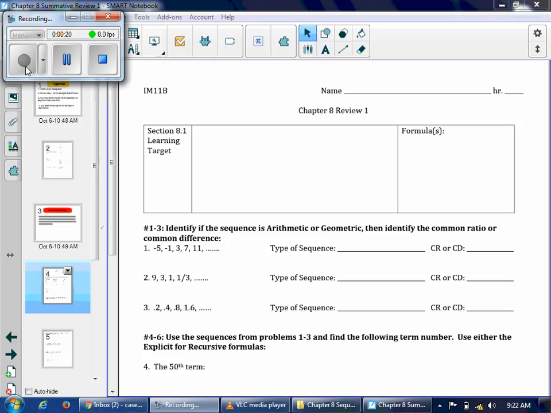For the first section, the learning target is recognizing patterns as either arithmetic or geometric. So go ahead and write in the learning target.